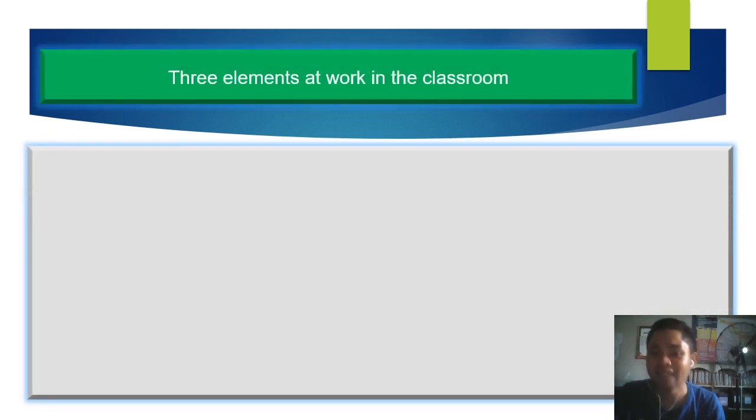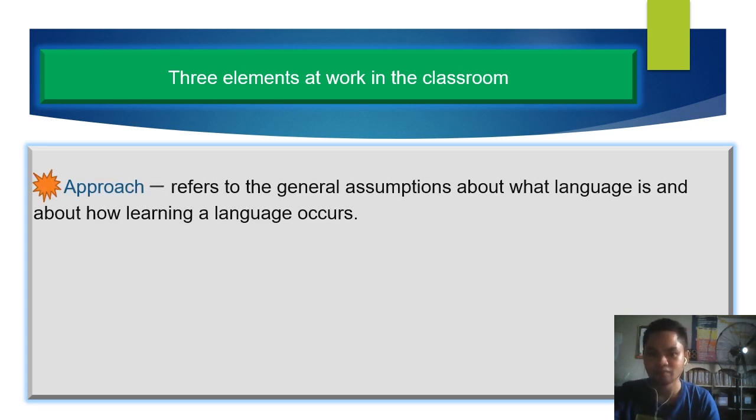Okay, so the three elements at work in the classroom. What are these three elements that the teacher uses in class discussion? First, we have approach. It refers to the general assumptions about what language is and about how learning a language occurs.